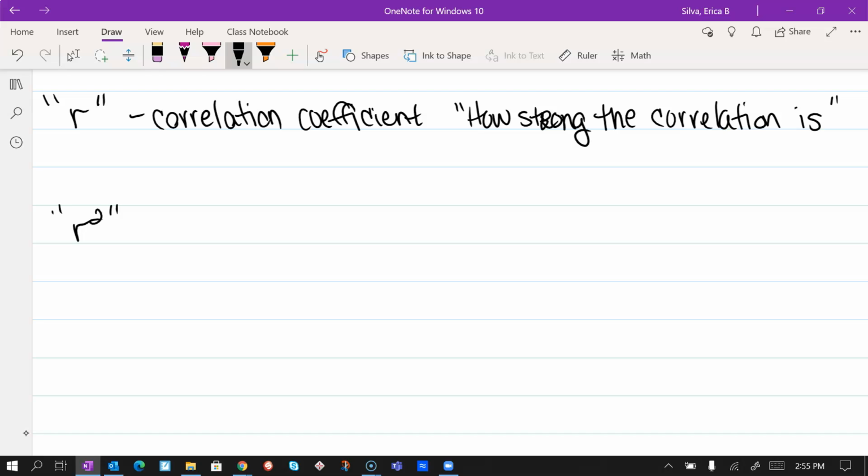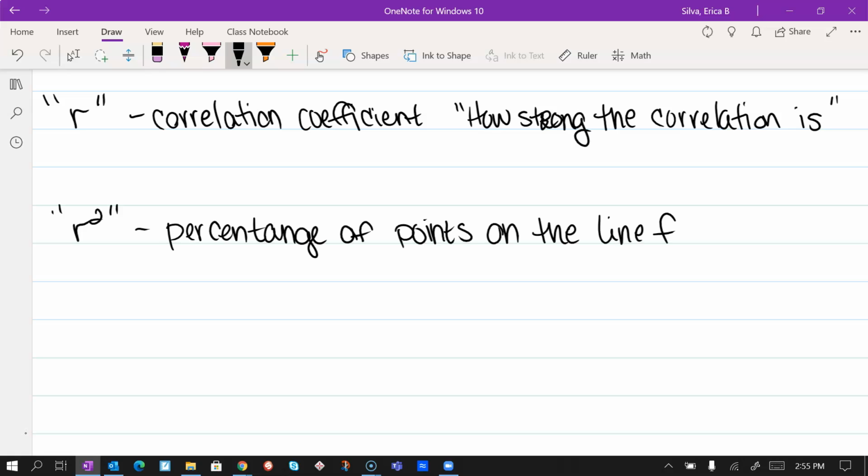If it's 80%, or 0.8, then like 80% of those data points will lie on that line. And what if it's 0.2, or 20%? Then that means little to no points will lie on that line. So your R squared is the percentage of points on the line from the data.